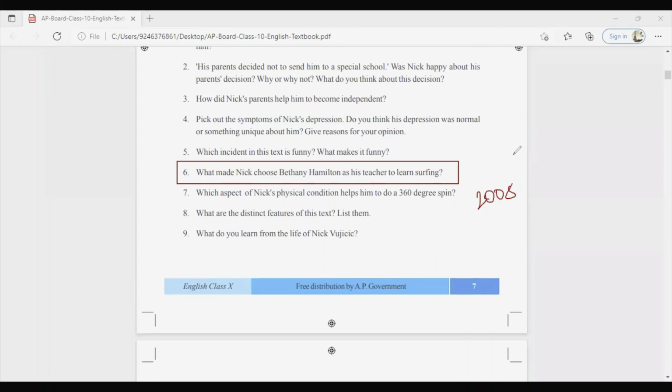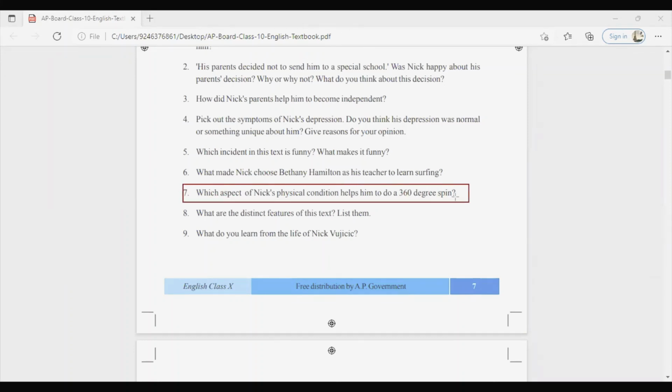Nick chose Bethany Hamilton only because he felt that she, being a disabled person, could understand and teach him very well, because only a disabled person could know how a disabled person could learn to surf. She could know the psychological condition of a disabled person because she is also a disabled one.